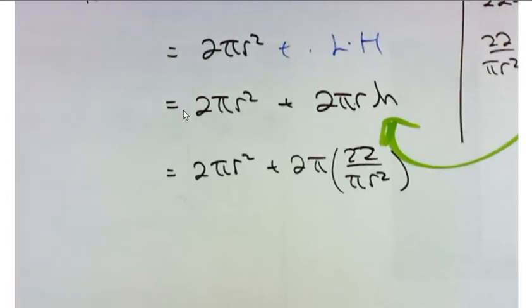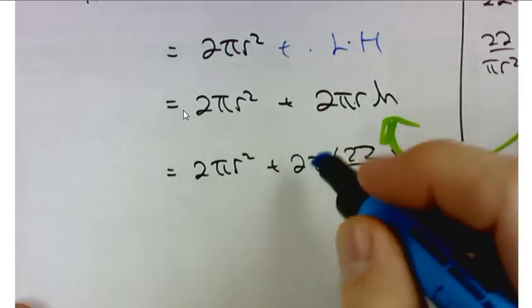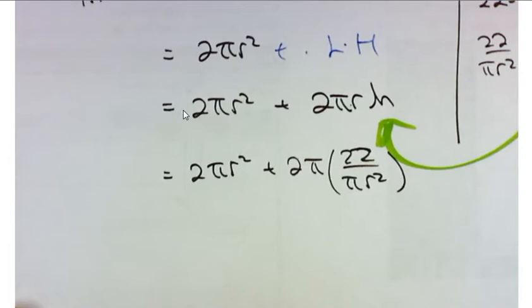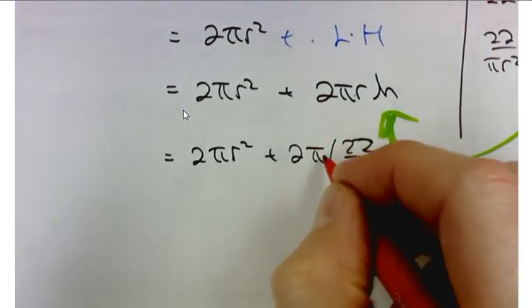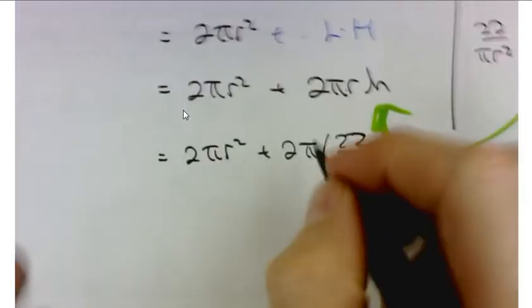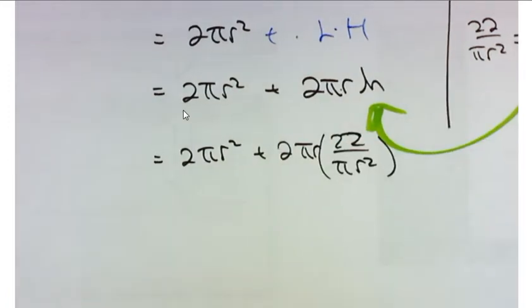And I think I'm going to get some simplification out of that. Yeah, the pi's will cancel. Wait, what happened to the r? Oh, the r's are still here. Thank you. R is still there.